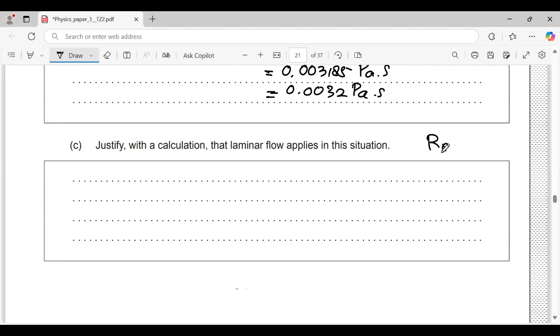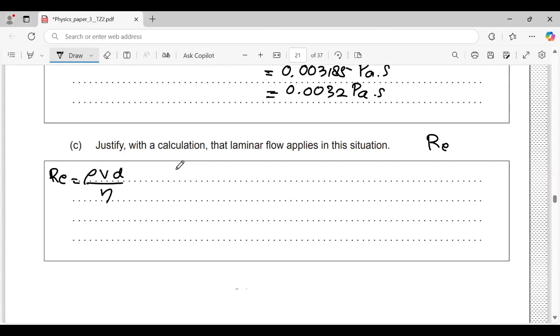To calculate the Reynolds number, we can use the formula Reynolds number equals rho v d over eta. Eta is the viscosity of the liquid. Rho is the density of the liquid. D is the diameter of the bubble. And v is the velocity of the bubble. This v is not volume but velocity.